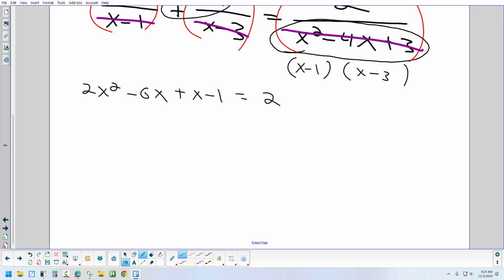Okay, so first thing I'll do is combine my like terms. What's negative 6x plus 1x? Negative 5x. Yep, negative 5x. And now when we're solving the quadratic, again, we got to get it equal to 0. So how would we move the 2 over to the left side? Yep, minus the 2.